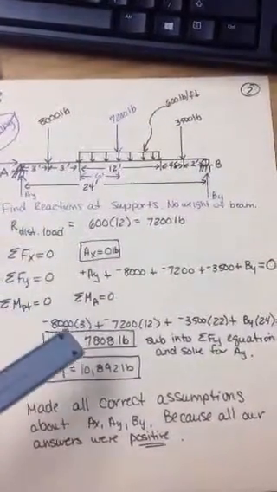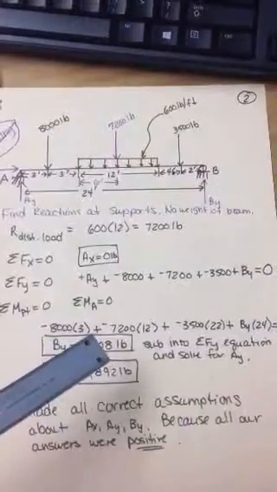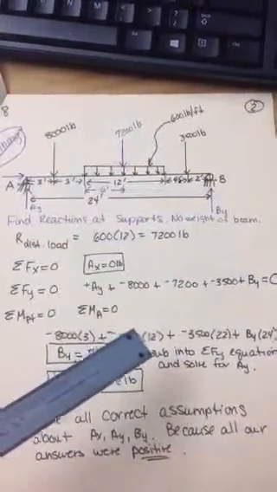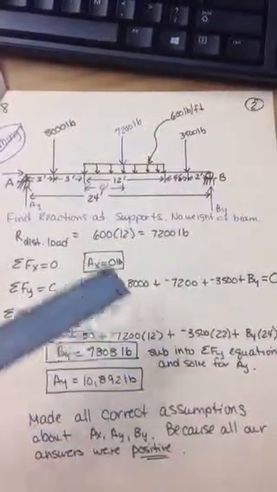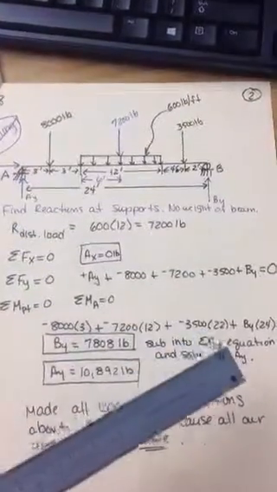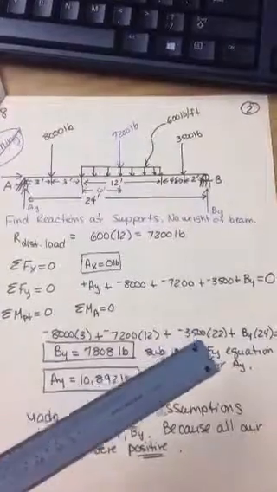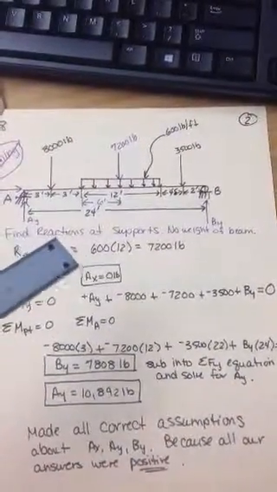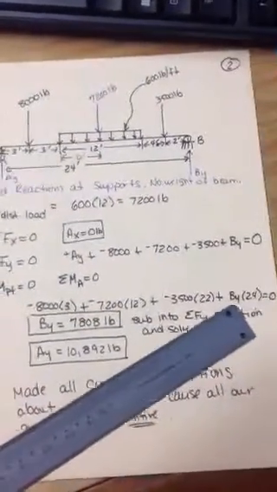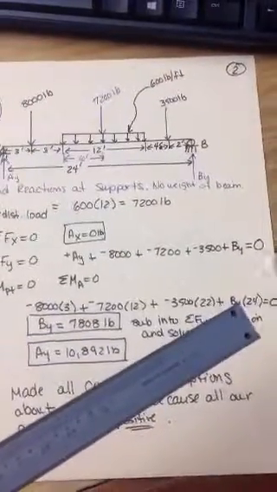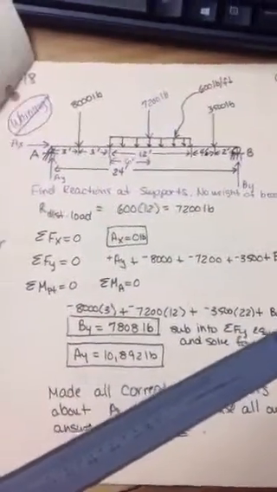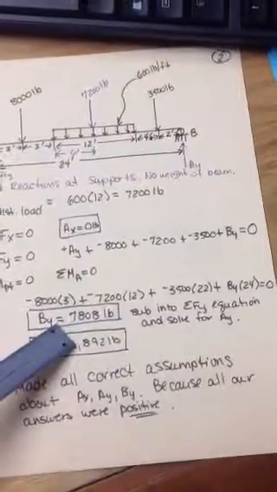Okay, negative, so it's force times distance, plus 7,200 is also going to be negative, and it's 12 feet from point A. 3,500 is also going to cause negative rotation. It's 22 feet from point A. We don't know what B of y is. It's 24 feet away. Set that equal to 0. We're going to solve for B of y.